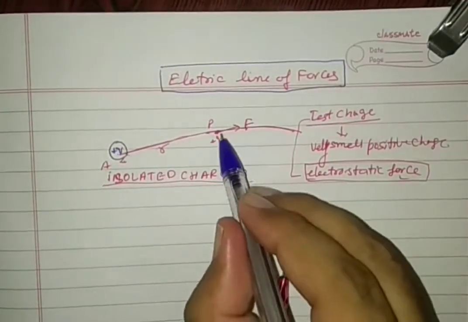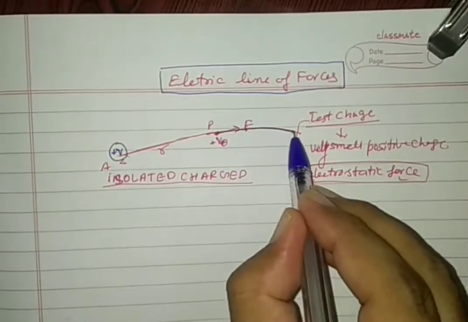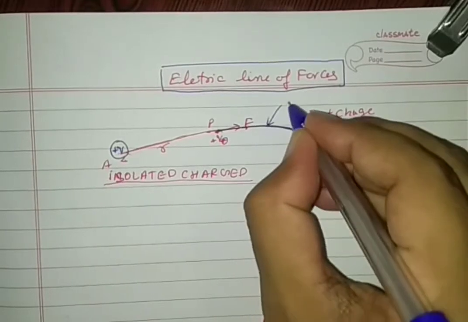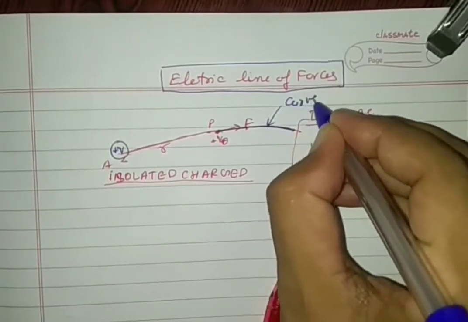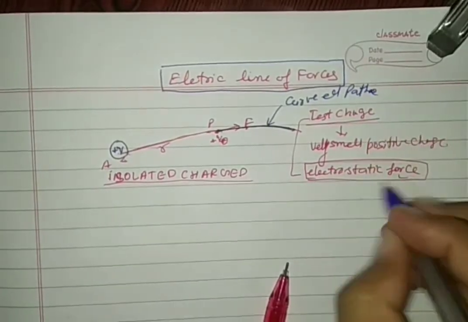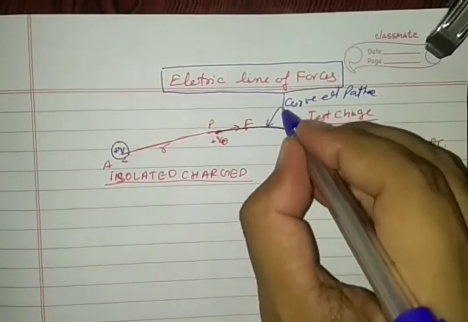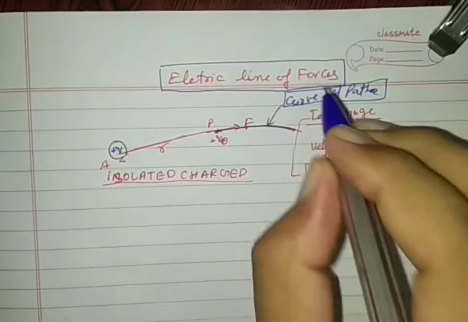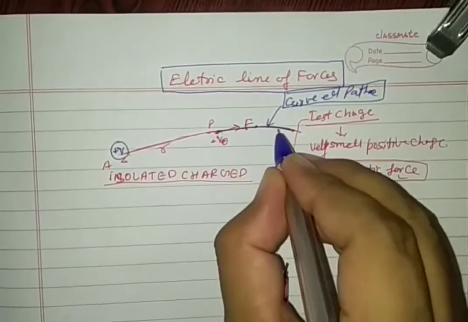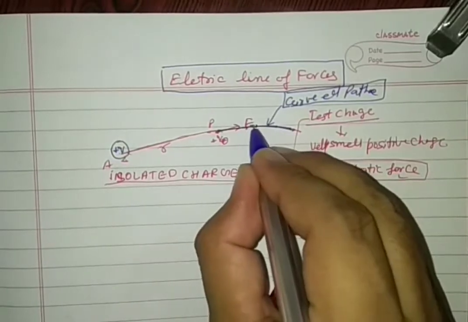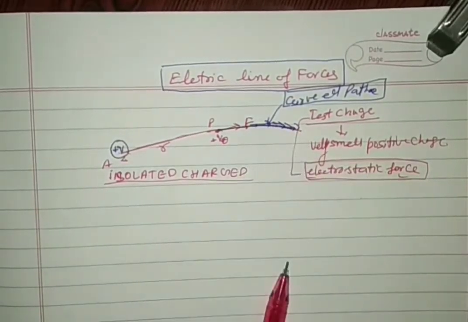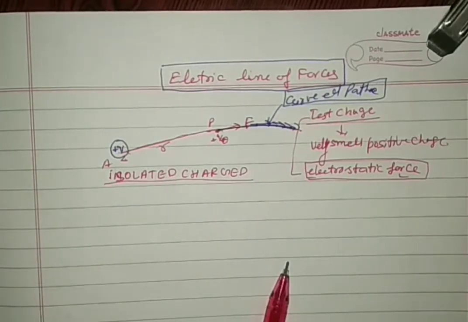See here very carefully. When it moves, it follows a curved path. When it follows a curved path, it means at every point when we draw a tangent, the direction of force changes.